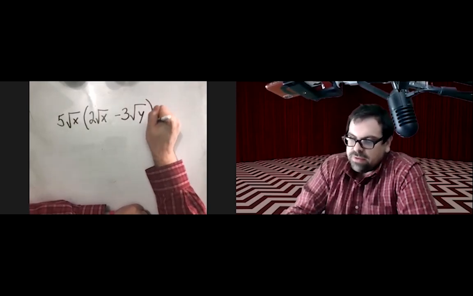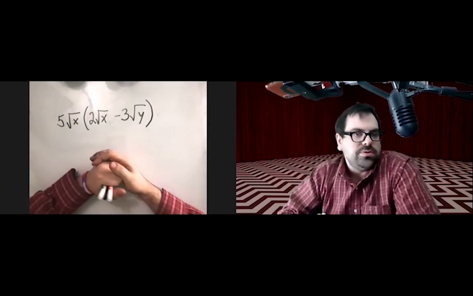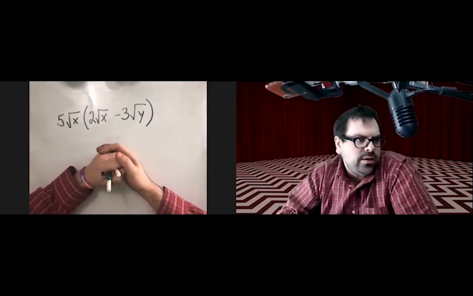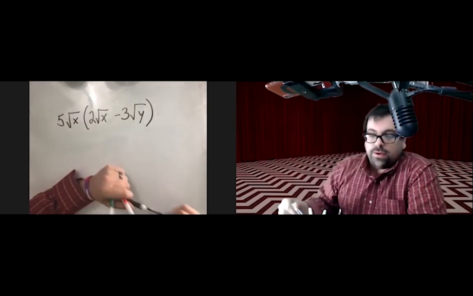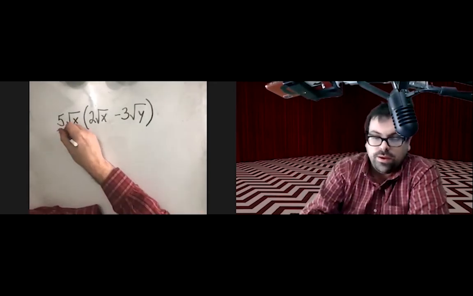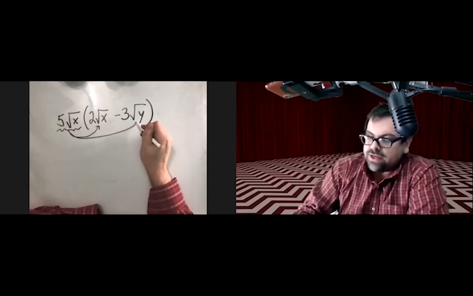We have our special instruction at play. Assume all variables, so assume x and y, represent positive real numbers. We don't have to worry about any absolute value signs or anything like that.